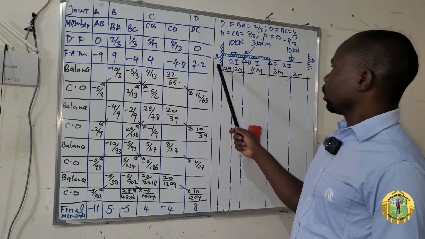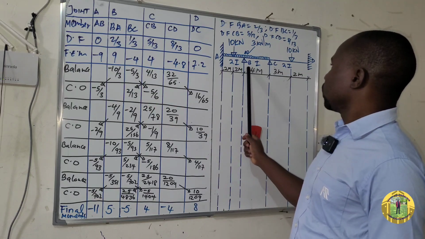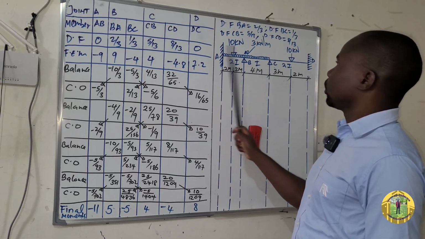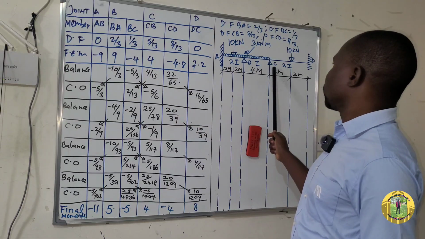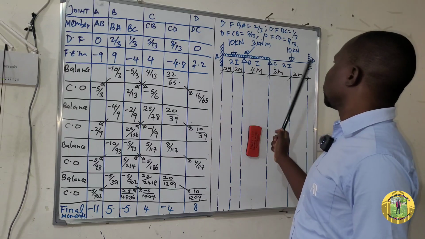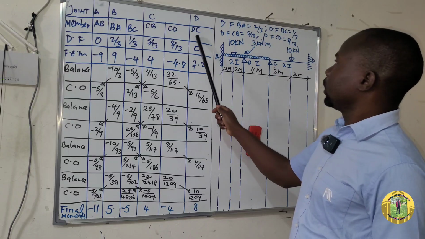At joint A, you have member AB. And then at B, you have member BA and then member BC. And then at joint C, we have member CB and member CD. And then at D, we have member DC.